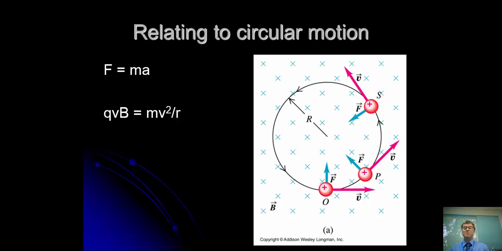So now we have a positive charge moving here, so that means that our finger of current points in the same direction as that positive charge. So our positive charge is moving around. We recognize that the field is moving out of the paper.